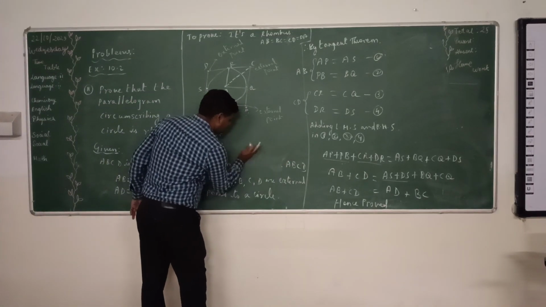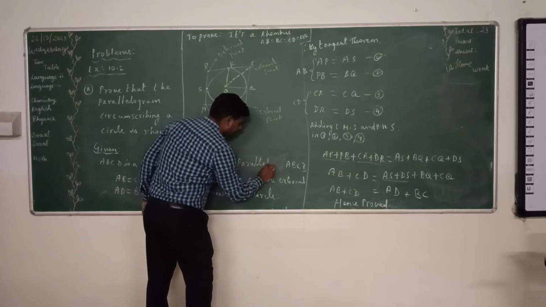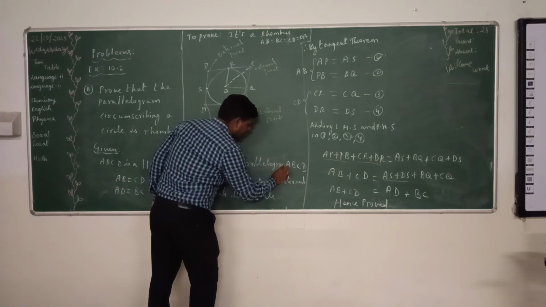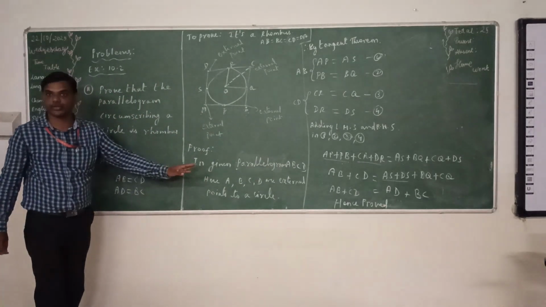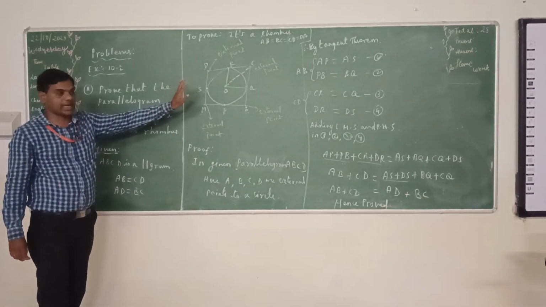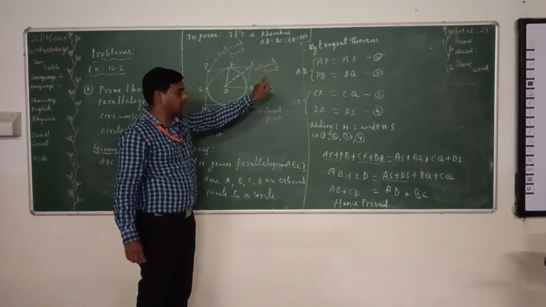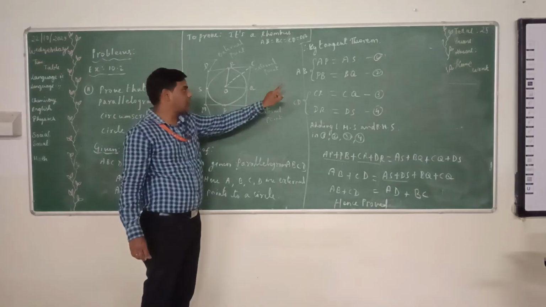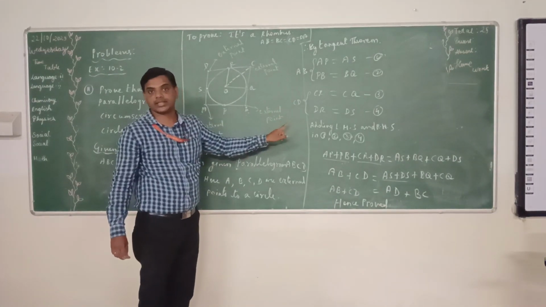We take the same thing in the proof, in the given parallelogram ABCD. A, B, C, D are external points to the circle. By the tangent theorem, AP is equal to AS, PB is equal to BQ, CR is equal to CQ, and DR is equal to DS.